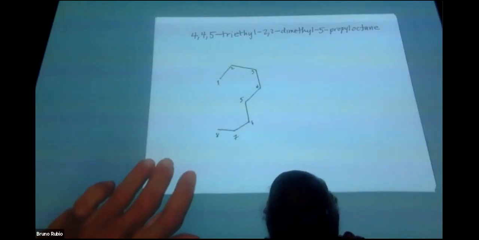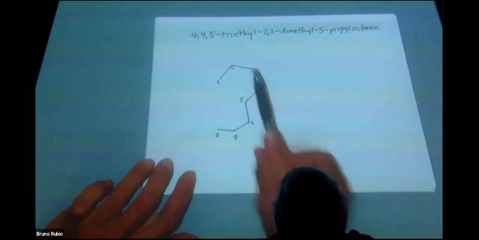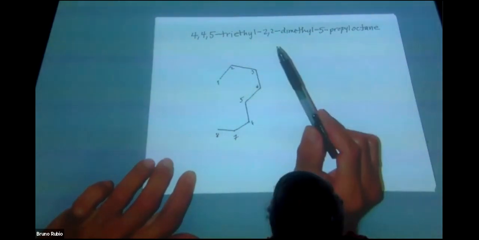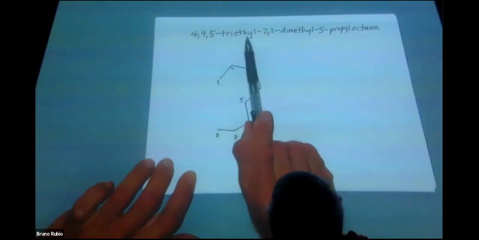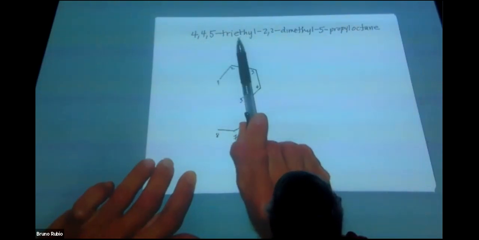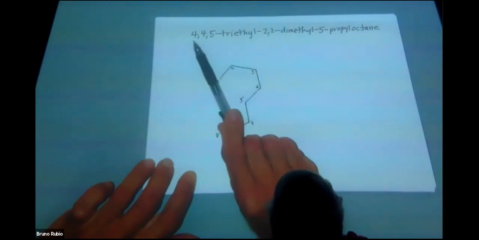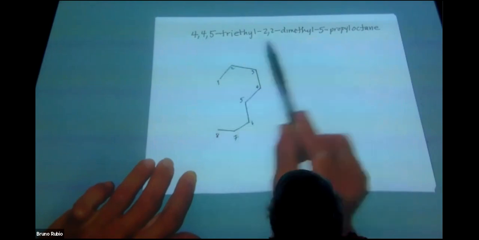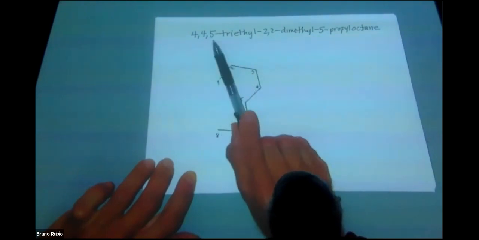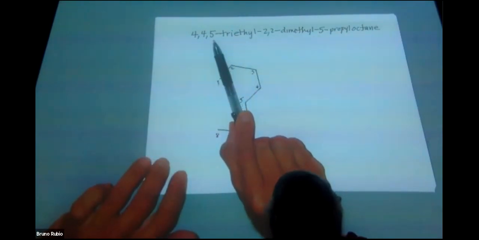Okay, and so now we just locate the remaining substituents and place them where the name is telling us to place them. This 4,4,5-triethyl is telling you that you have an ethyl substituent at carbon 4 and then another ethyl substituent at carbon 4 and then another ethyl substituent at carbon 5.